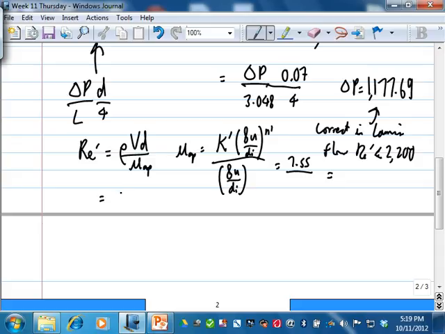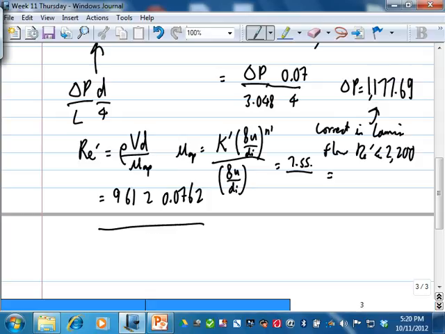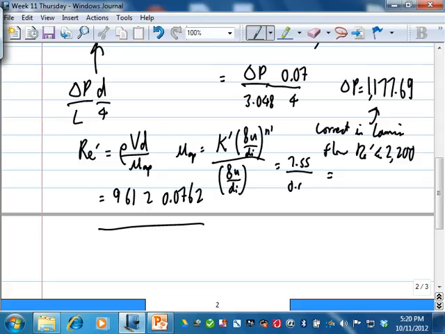What's the density? 961. Velocity 2, diameter 0.0762. Mu AP, what's the mu AP? What is 8U over di? 0.033.